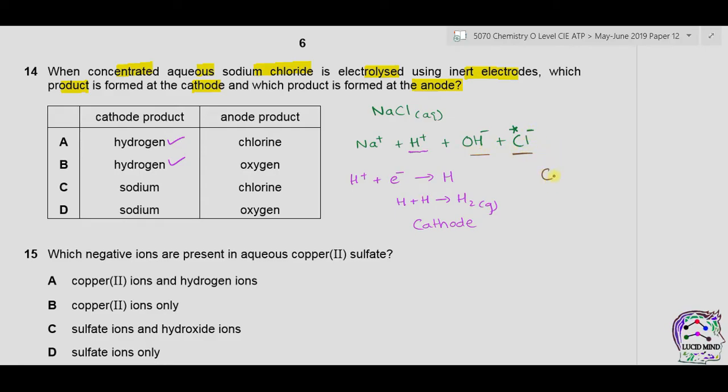So chloride ions will move towards the anode and lose 2 electrons to form chlorine gas. So the product formed at the anode is chlorine. If it was dilute sodium chloride rather than concentrated, then oxygen gas would have formed as hydroxide ion would have discharged first. In this case chlorine is formed, so the answer is A.